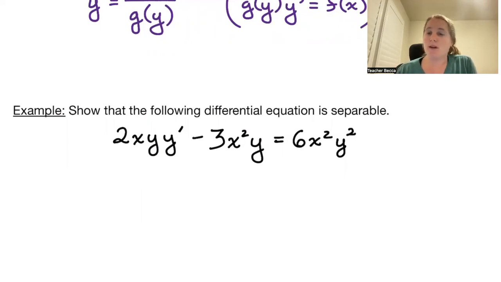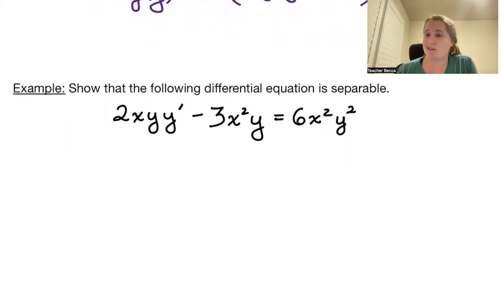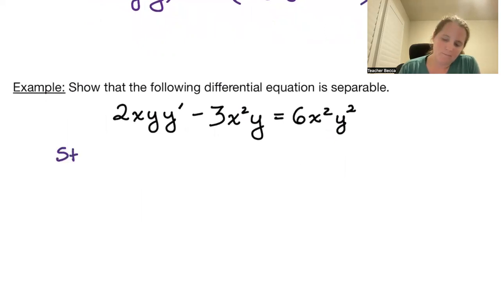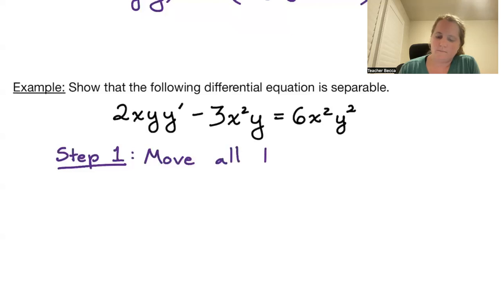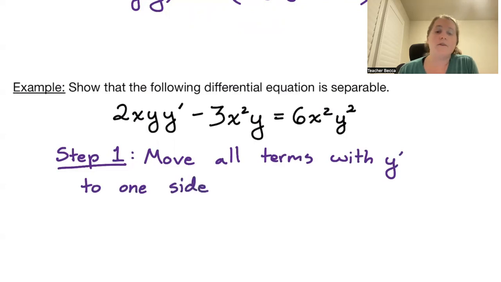So anytime we have a differential equation and we're trying to separate the variables, the very first step is to move all terms with y prime to one side, and all other terms to the other.